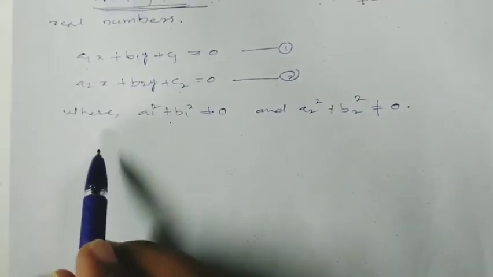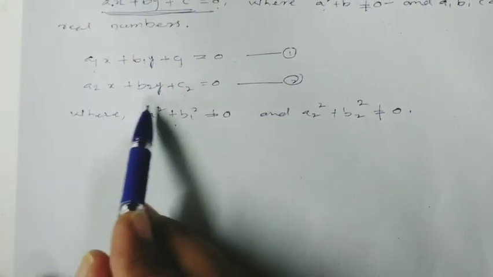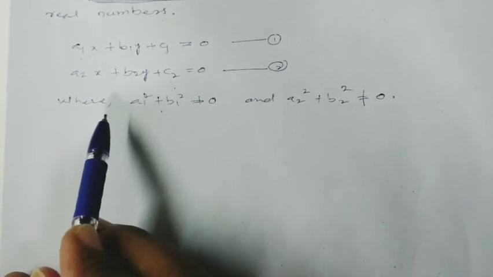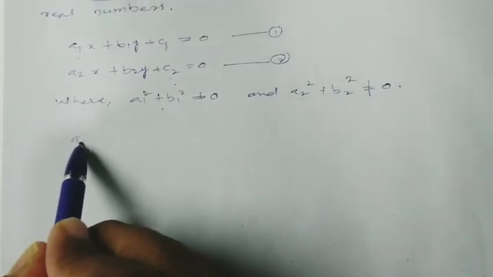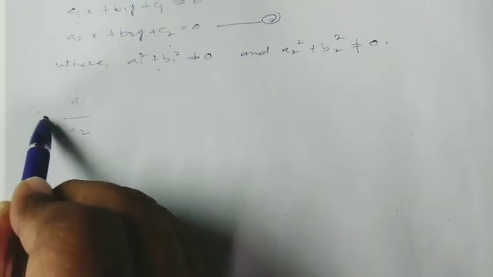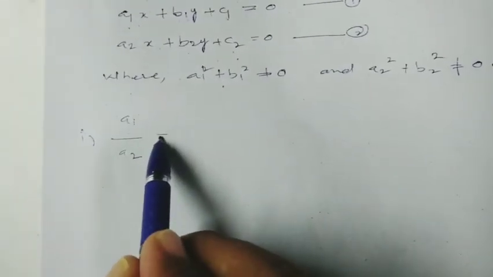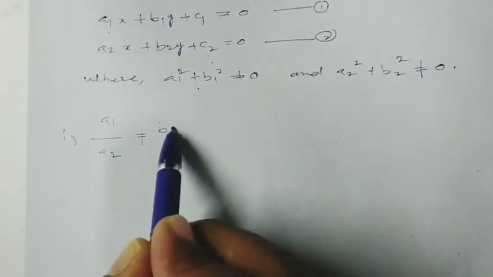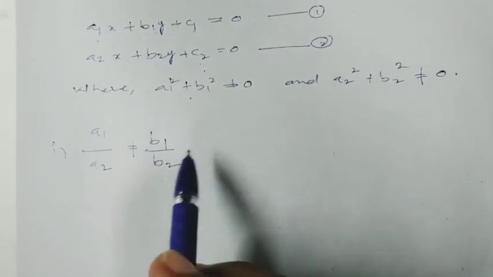Now, by comparing a1, b1, c1, a2, b2, c2, we have three conditions, children. Now we are going to compare a1 by a2. First condition: a1 by a2 not equals to b1 by b2.